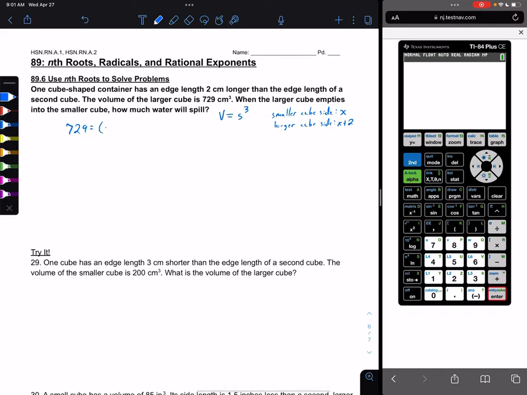So our formula would be 729, the volume of the larger cube. So remember, this is the larger one. 729 is equal to X plus 2 cubed.